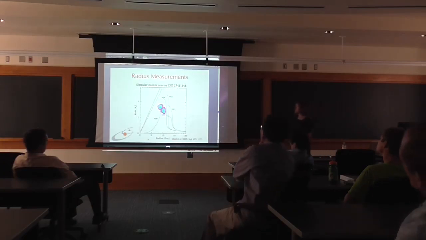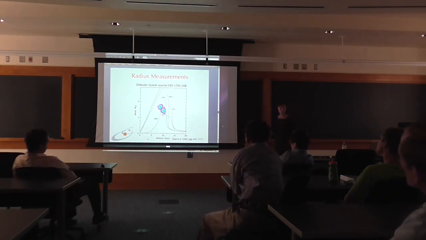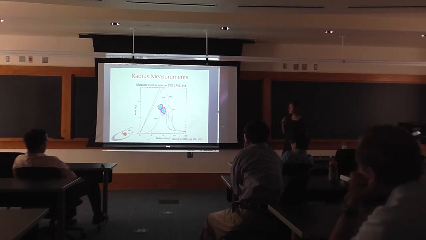I'm not going to have any time to get into distance measurements, but for those in globular clusters, we use the distance to the globular cluster, and these are the likelihoods over the mass and radius of this particular source.